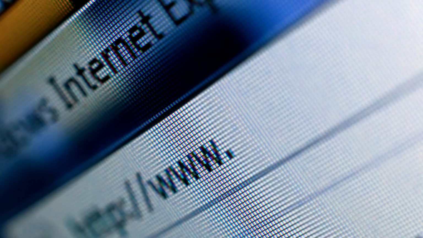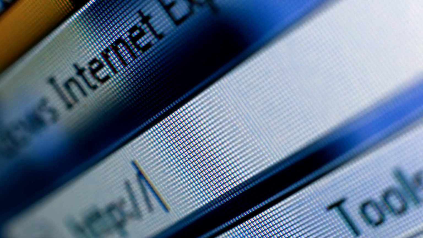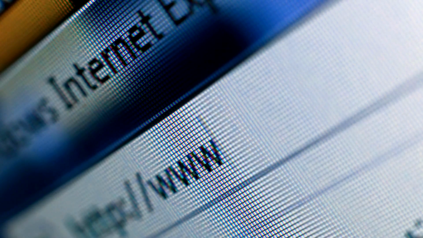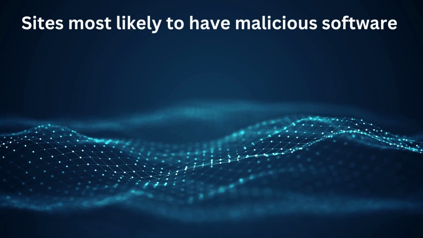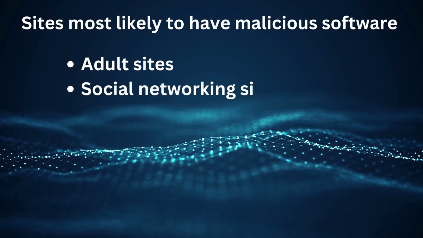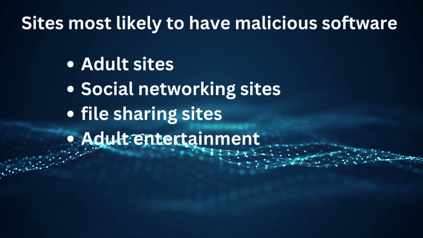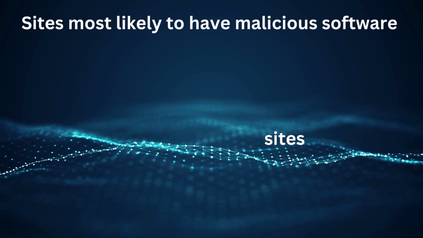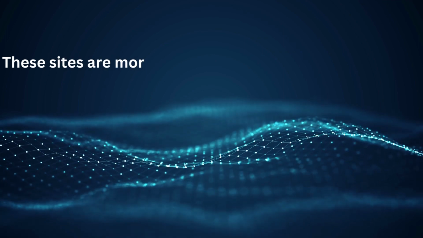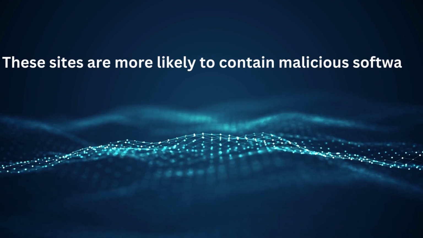However, there are other things that you can look for that will reduce your chances of going on an insecure browser. There are certain sites that are more likely to have malicious threat actors or more likely to be malicious, such as adult sites, social networking sites, and file sharing sites. These websites are mostly prone to spyware and other malicious activities such as phishing.